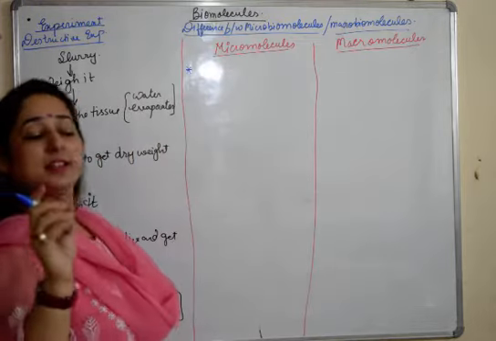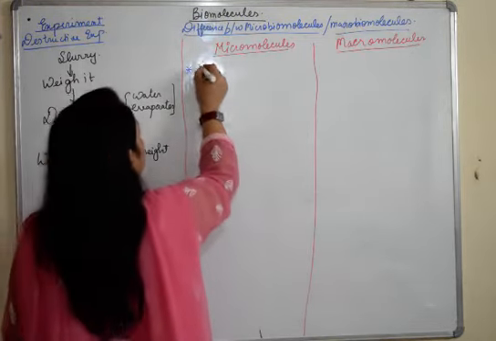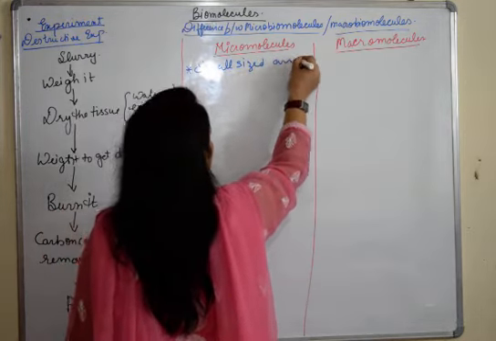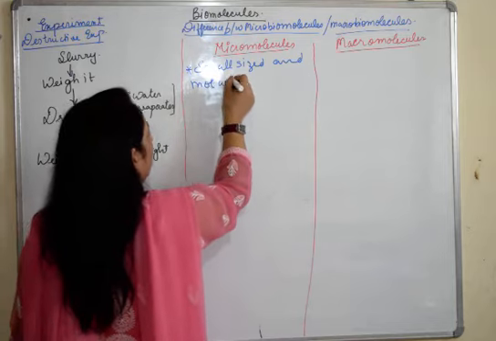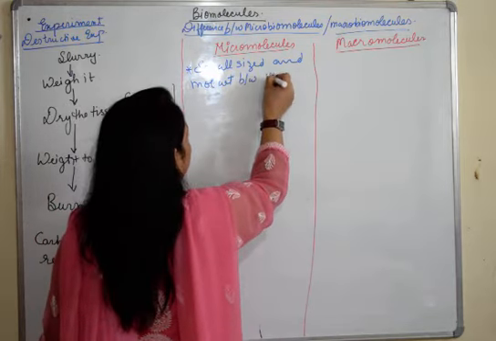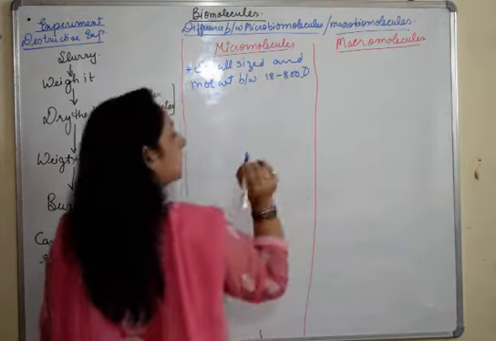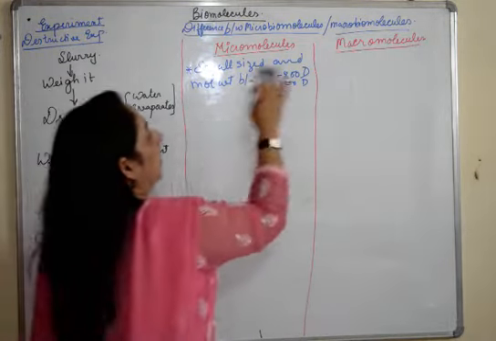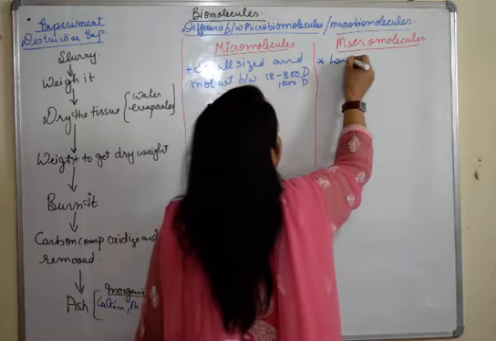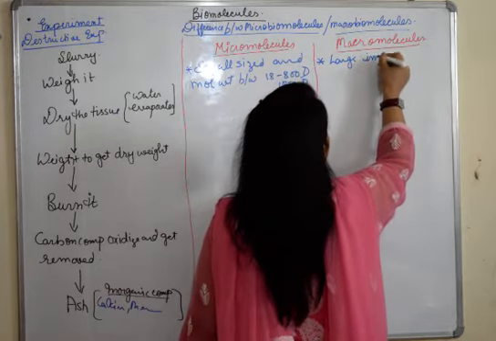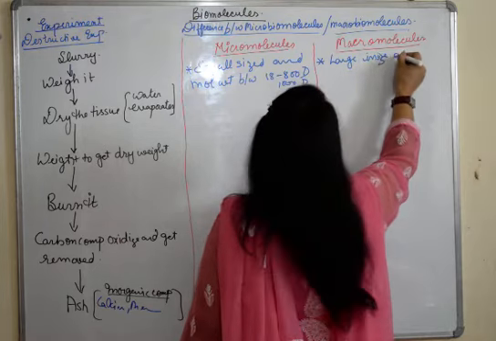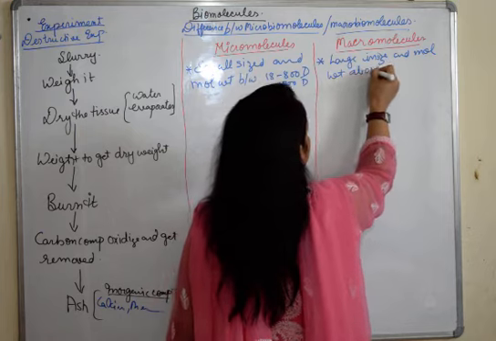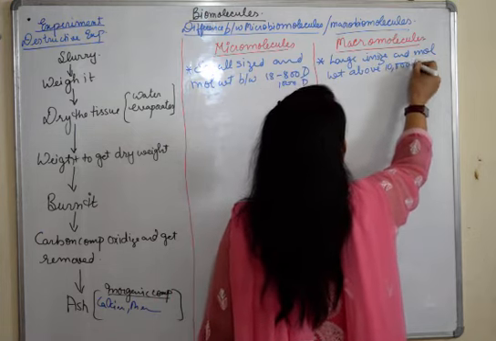So micromolecules, first of all, the most important first and foremost feature is that they are small sized and have molecular weight between 18 to 800 Dalton. In some books it's 1000 Dalton also, both are correct. Macromolecules are large in size and have molecular weight above 10,000 Daltons.